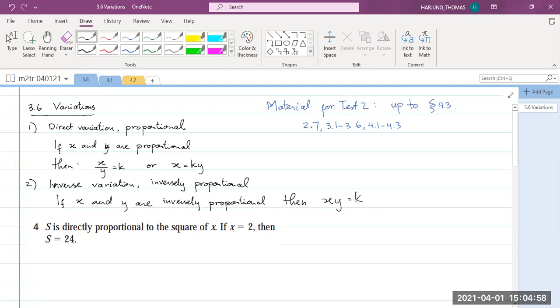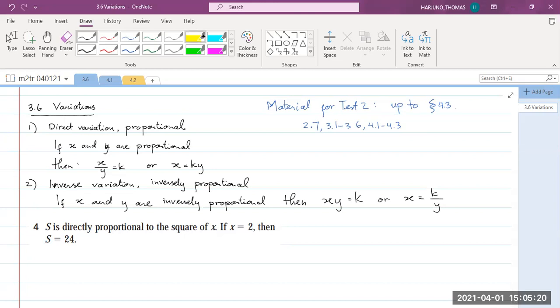The product is constant. If one of them increases, the other one decreases. If one of them is doubled, then the other one is halved. Or sometimes we write it as x equals k over y.